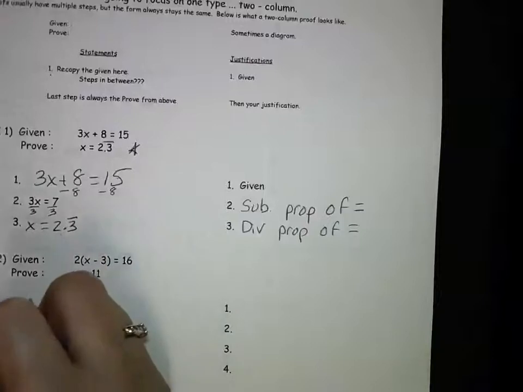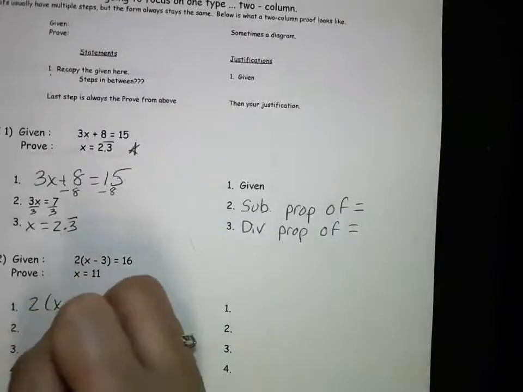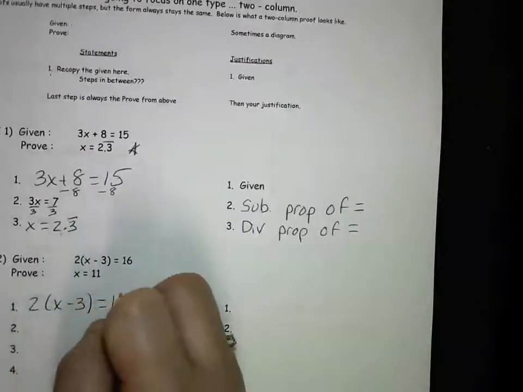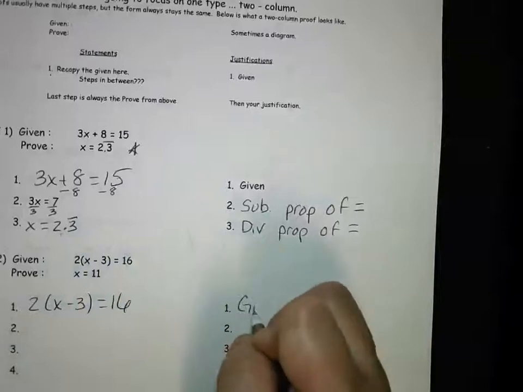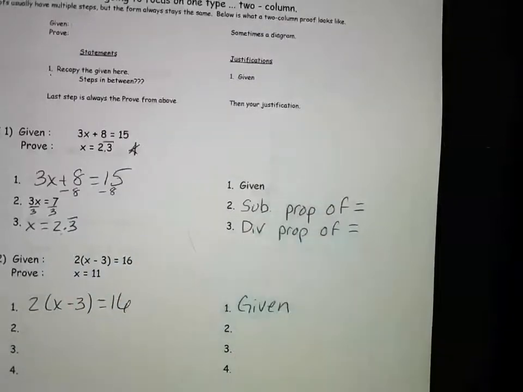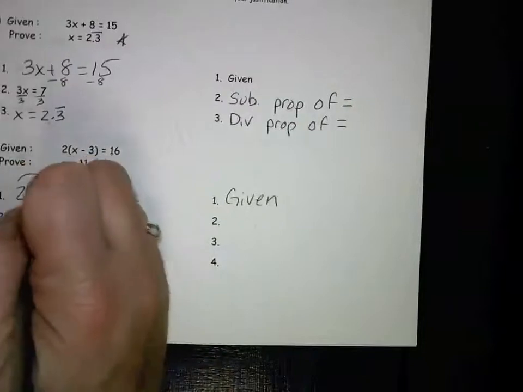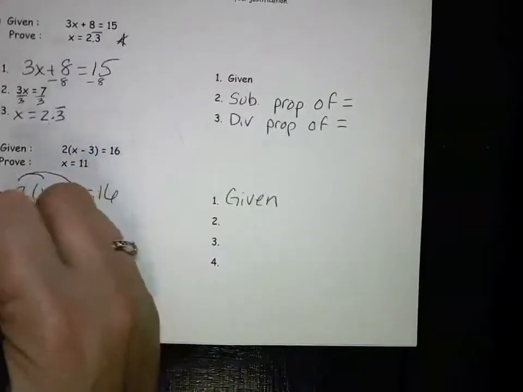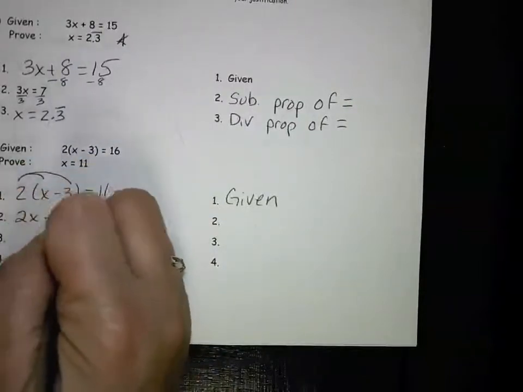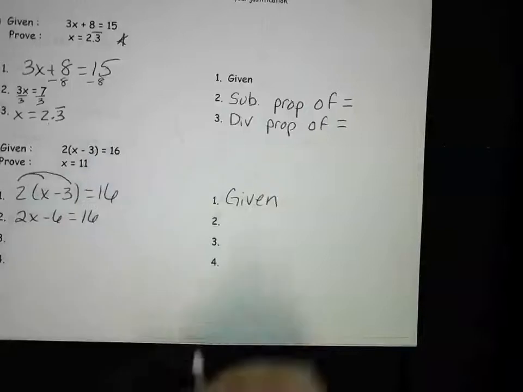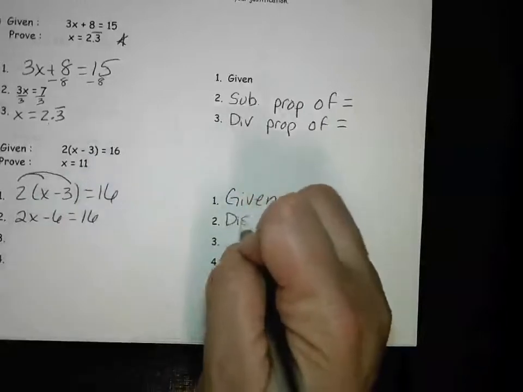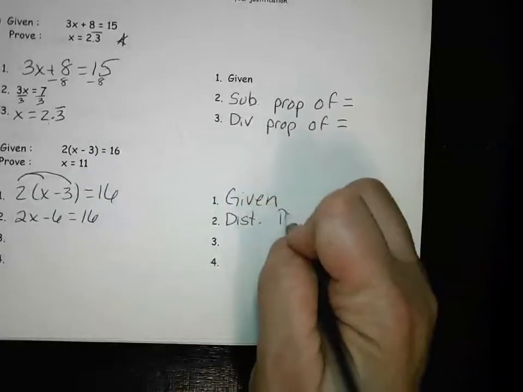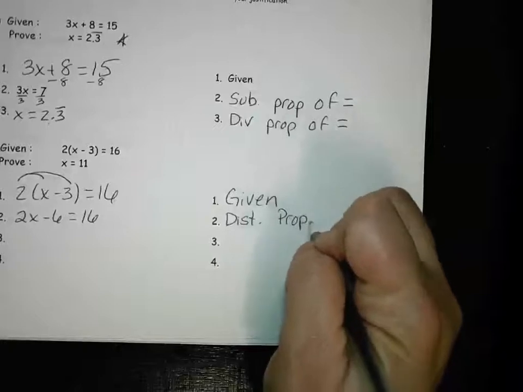Example 2, you always start with what you were given and write down your given. And these first couple are algebraic proofs. Our first step would be to distribute. 2x minus 6 equals 16, which is the distributive property.